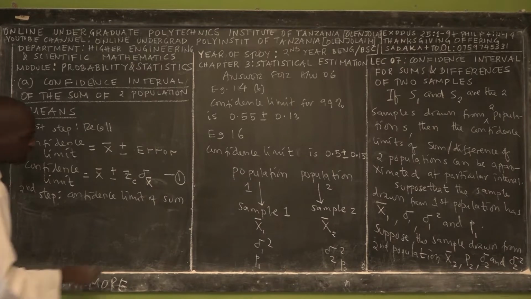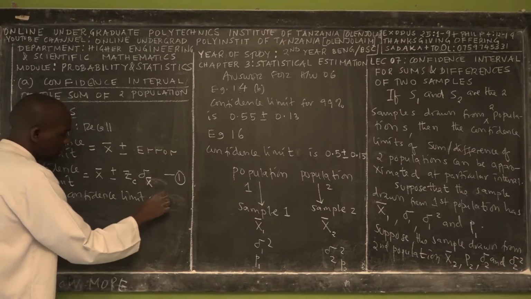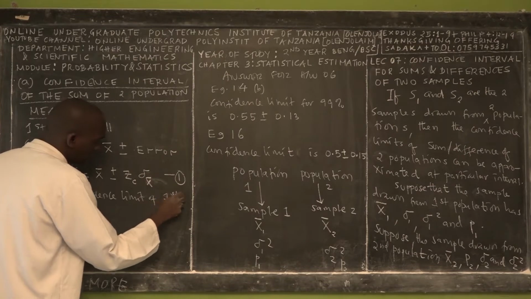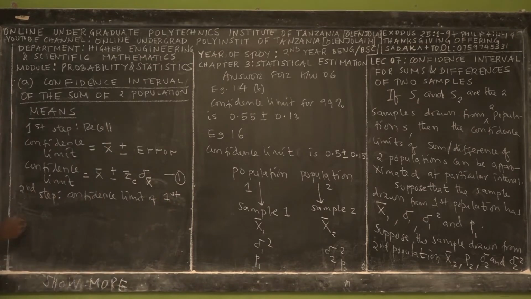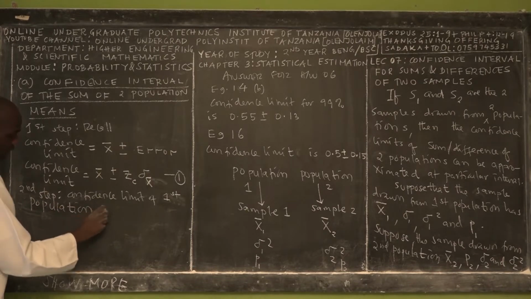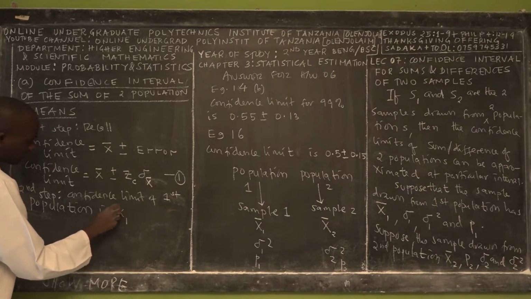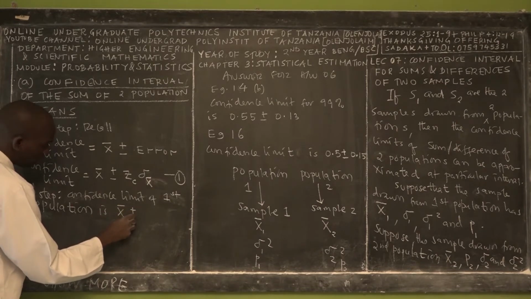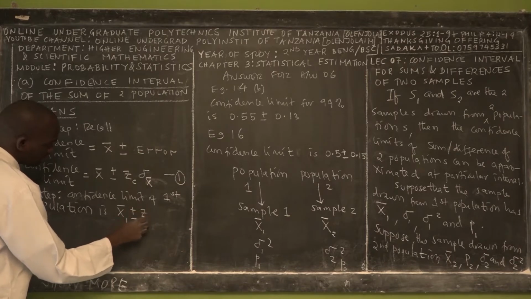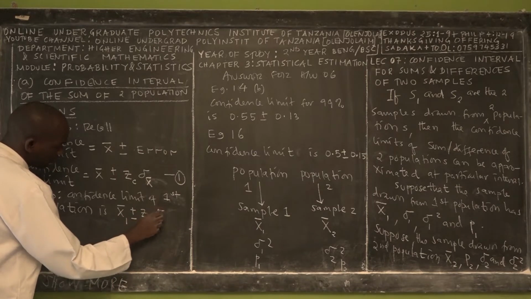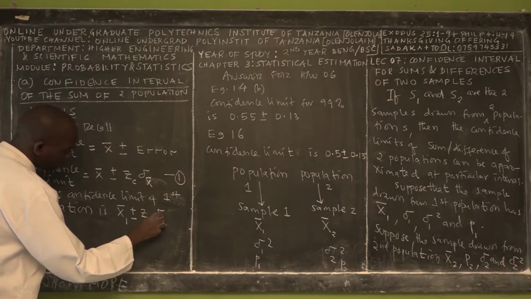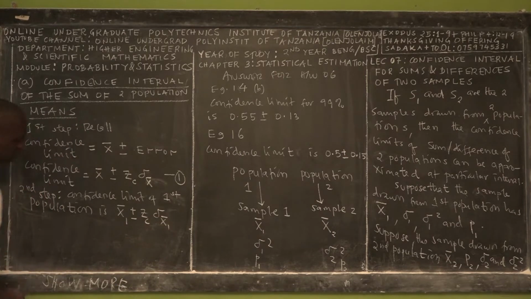So confidence limit of the first population, we are sure that the mean of the first population lies in this: statistical mean 1 plus or minus ZC multiplied by standard deviation of the sampling distribution of means 1.